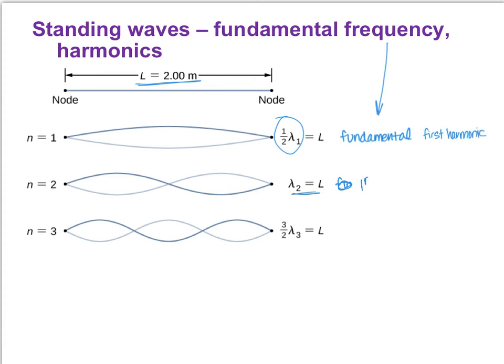This is the first overtone or the second harmonic. And then finally, the next one is with 3 antinodes, and you can see 1.5 wavelengths on this string. This is the second overtone or the third harmonic.